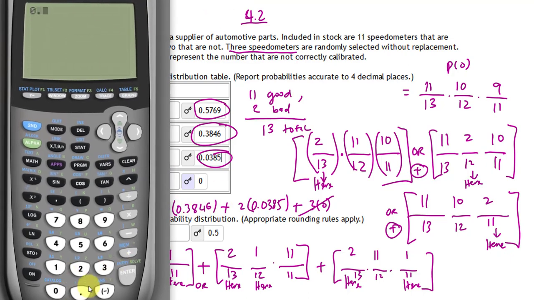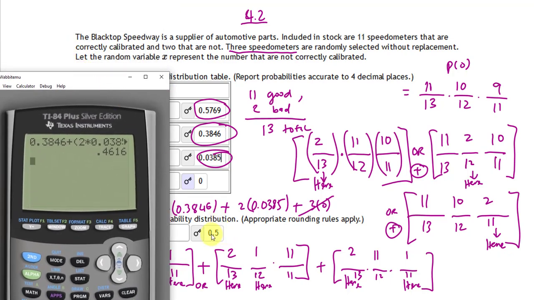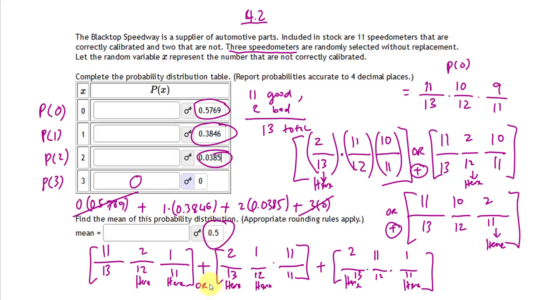So 0.3846 added to 2 times the other one, 2 times 0.0385, and you can round it to 1 decimal place, and 0.4 because after the 4 is number 6 and this is bigger than 5, so you add 1 more to here, 0.5. So 0.5 is your answer.